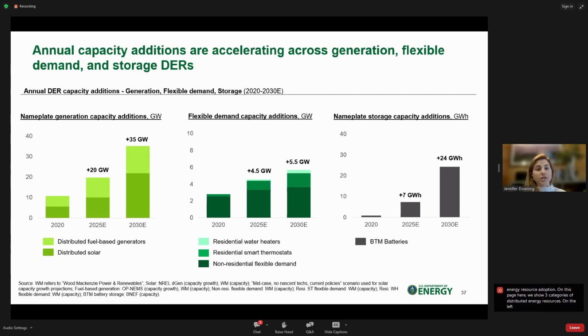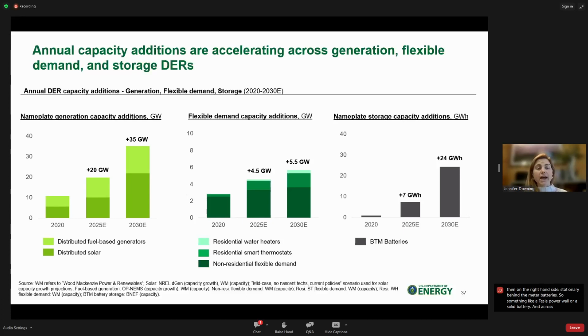On the left, generation, so that would be rooftop solar or distributed, say, and fuel-based generators. In the middle, you have water heaters, smart thermostats, and non-residential flexible demand. These are from, this is demand of electricity that is flexible to be shifted. And then on the right-hand side, stationary behind-the-meter batteries. So something like a Tesla Powerwall or a Sonnen battery.